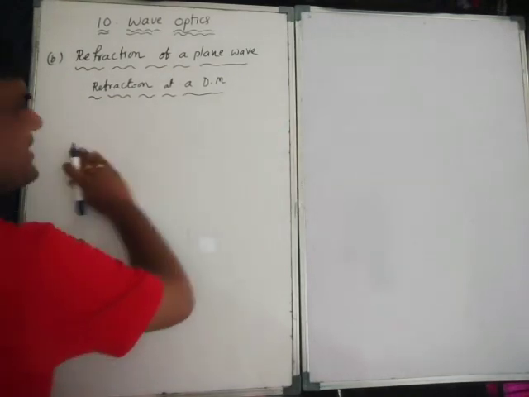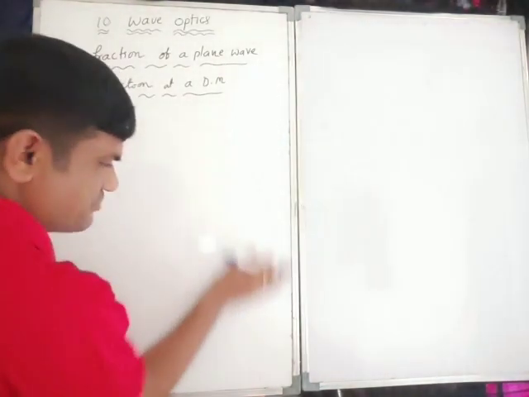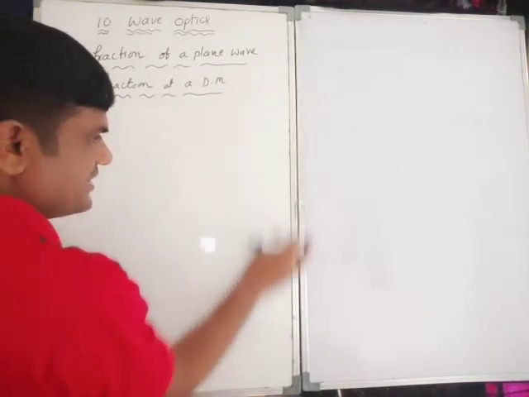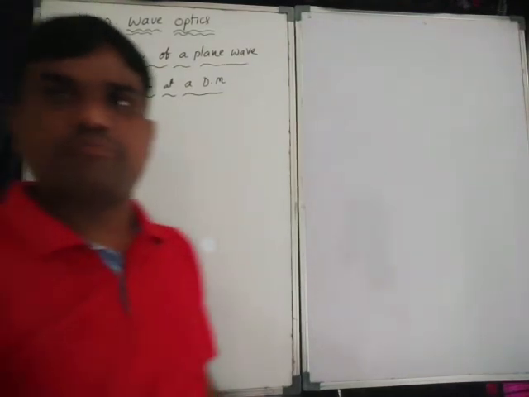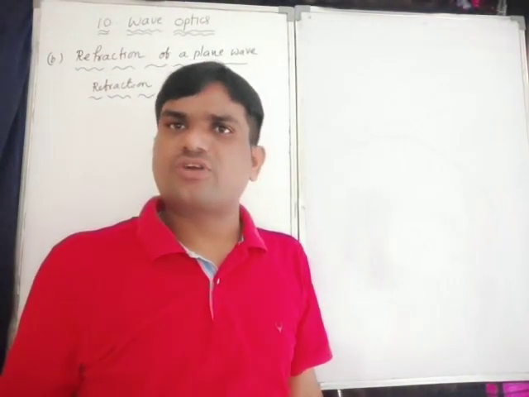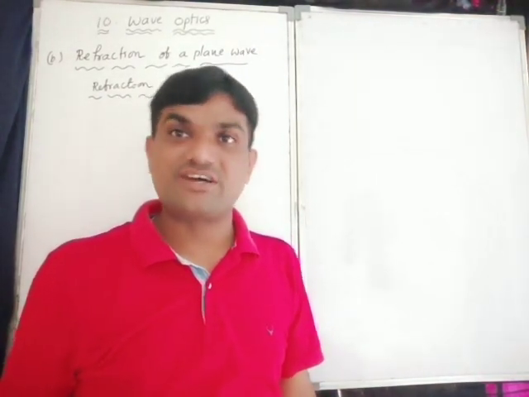Okay, so now refraction at a denser medium. For this purpose, what is required here? Two different mediums are required. Yes or no? Medium 1 and medium 2. Medium 1 I will consider rarer medium, medium 2 I will consider denser medium.